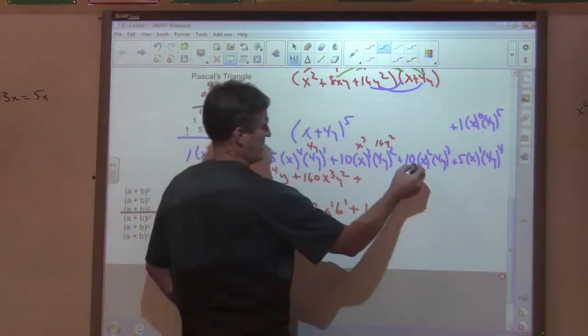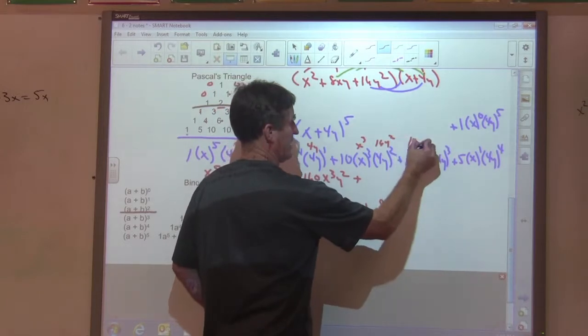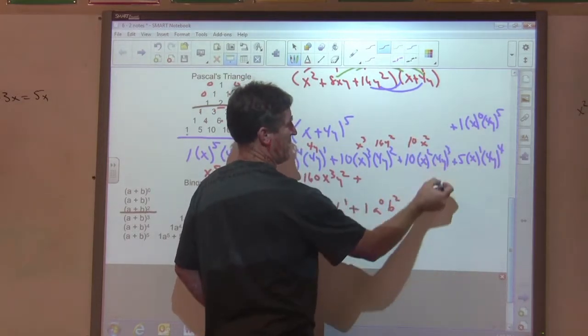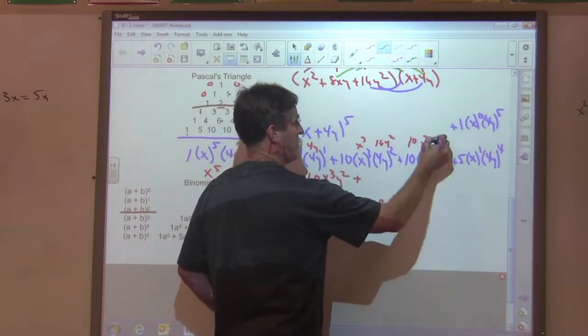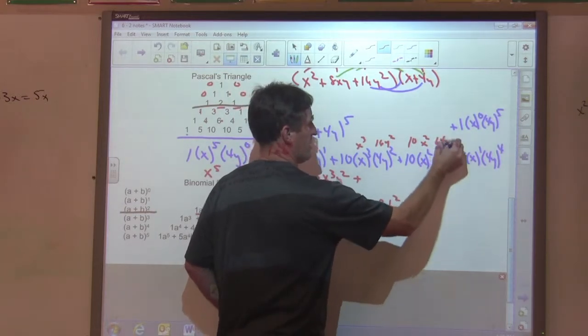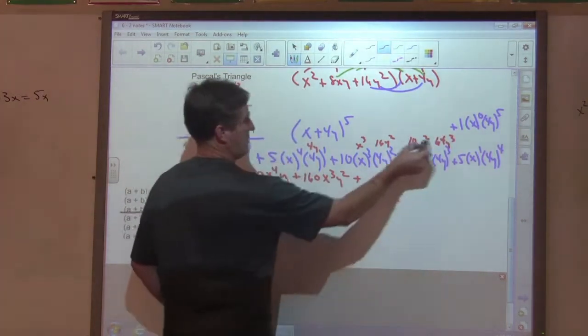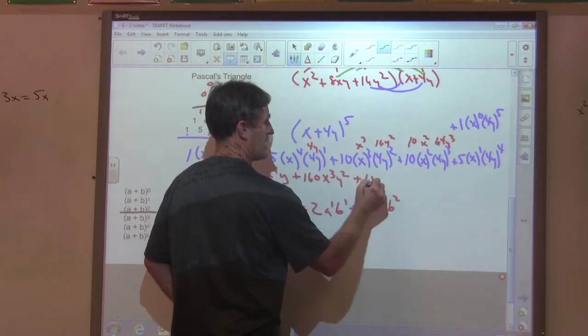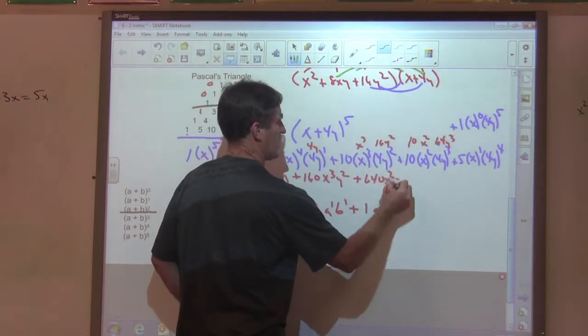Plus 10, x squared, 4y to the 3rd, so we have to go 4 to the 3rd, which is 64. y to the 3rd, multiply the numbers, 640, x squared, y cubed.